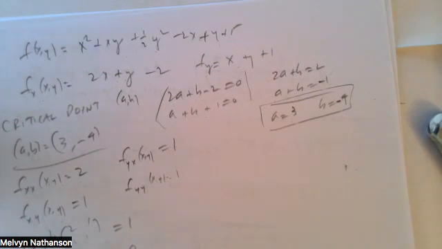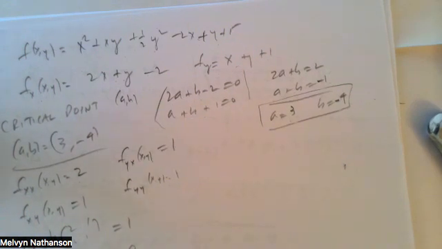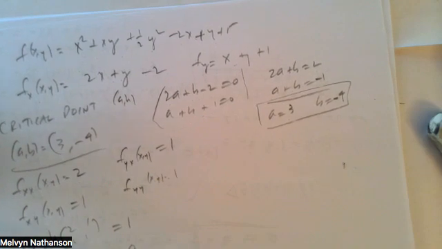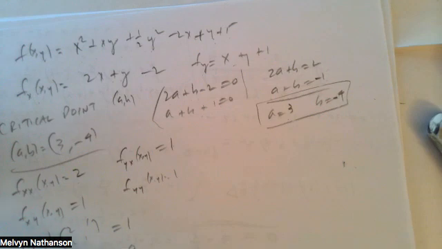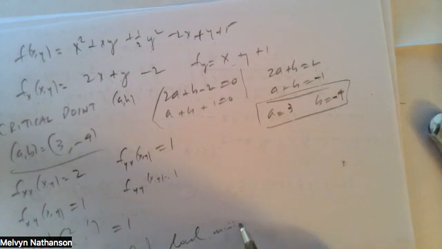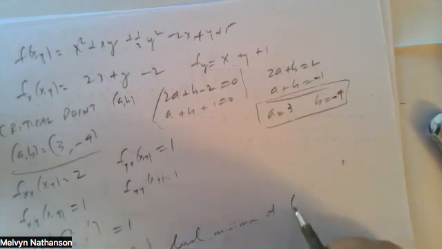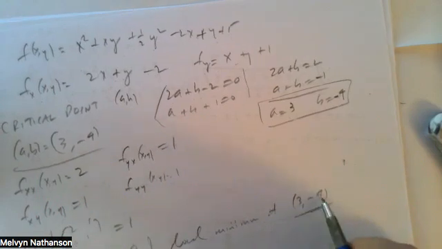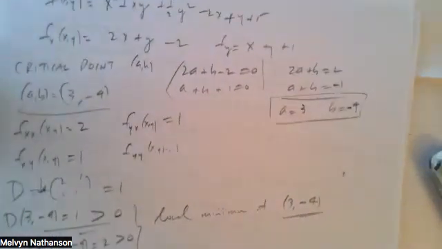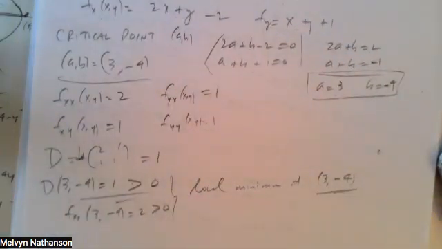The second derivative with respect to x at the point (3, -4) is equal to 2, which is positive. This means we have a local minimum at the point (3, -4). So this is the analog of the second derivative test for a function of two variables.